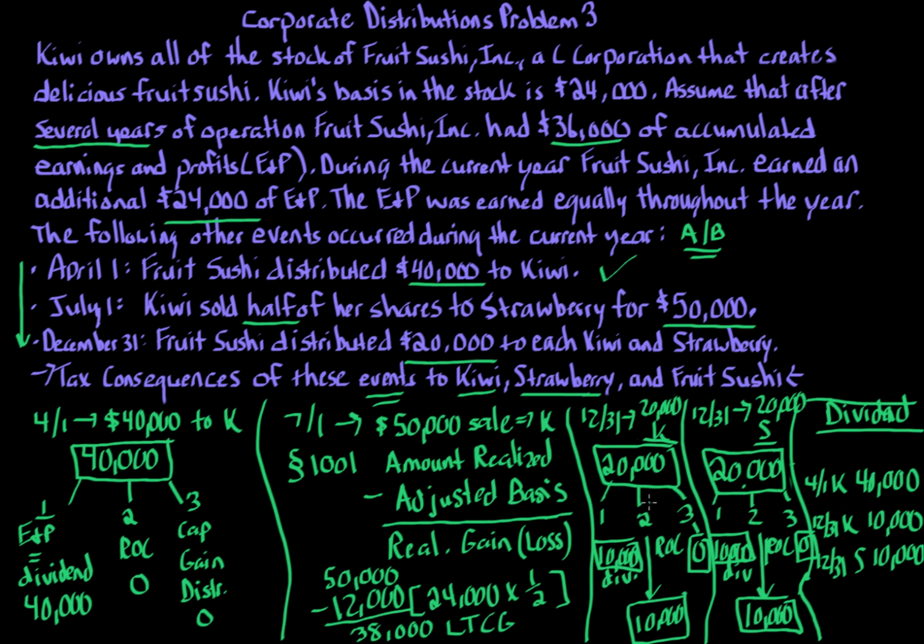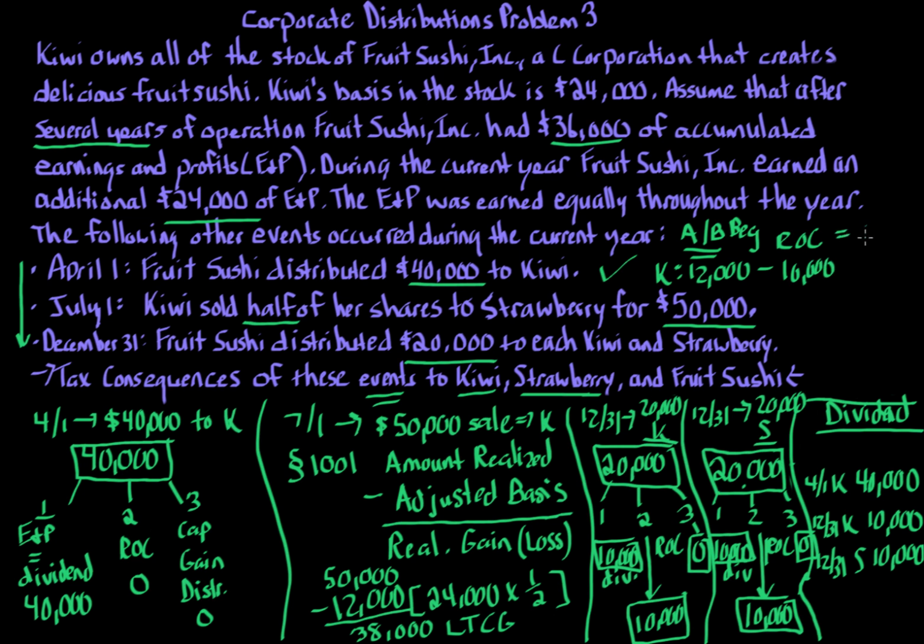But what about the basis for Kiwi and Strawberry in the shares after December 31st? Okay, so we need to do that. So Kiwi, we started after July 1st with 12,000, so that's our beginning adjusted basis, minus return of capital of 10,000.